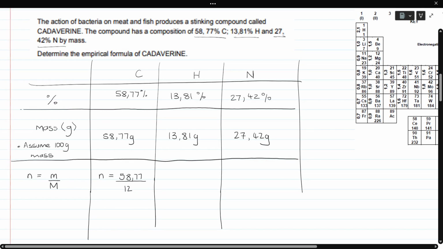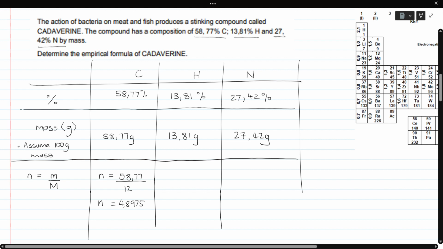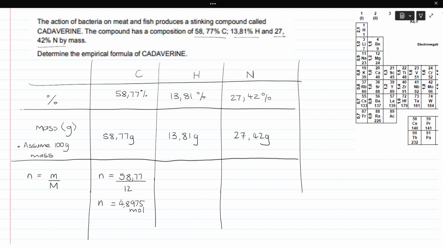So we've got 12 here. And if you calculate this value, you should be getting 4.8975 moles. Okay, you can keep about 3 decimal places here. It's recommended that you actually keep about 3 here.